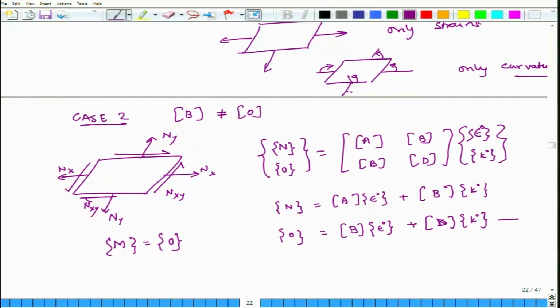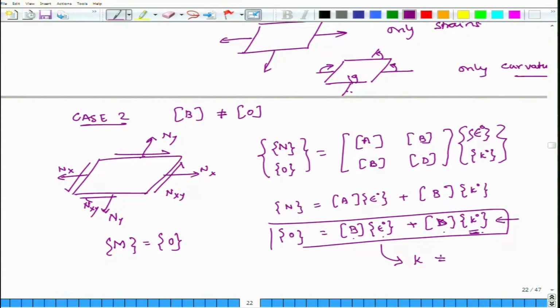The second equation tells us that curvatures are not 0, and we have to solve all these 6 equations to find curvatures as well as mid-plane strains.